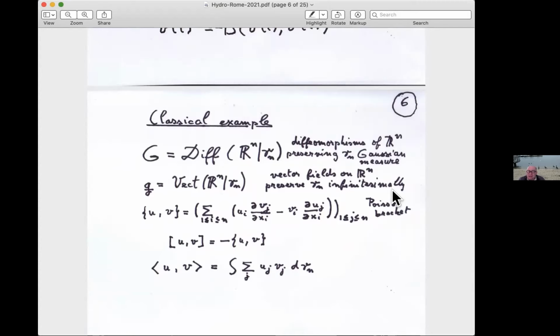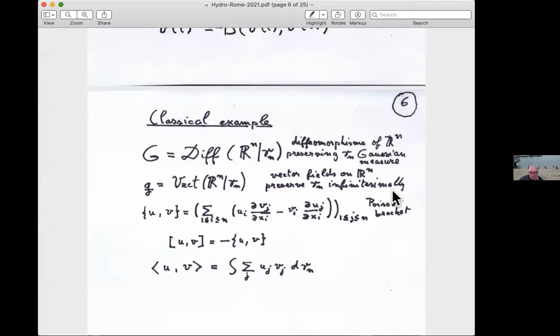So it's a very particular instance, and it's an instance which is probably not too much liked by people who do fluids, to take a Gaussian measure to be preserved, but still it's Euler equations preserving a certain measure. When the group is a diffeomorphism group of Rn, and those diffeomorphisms which preserve a Gaussian measure, the Lie algebra will be the vector fields on Rn which preserve this Gaussian measure.